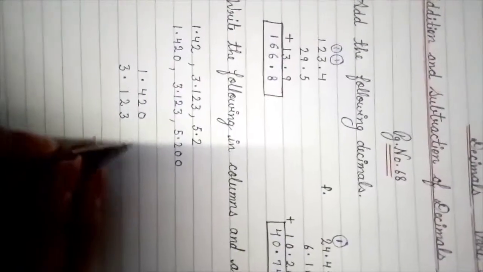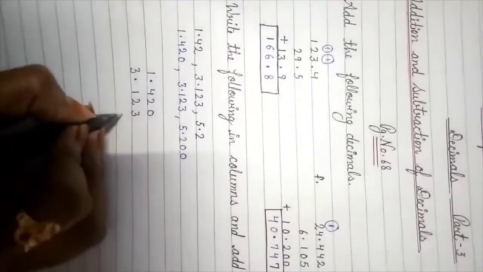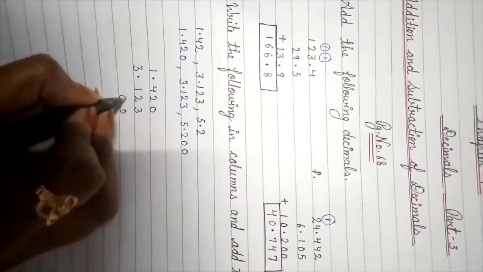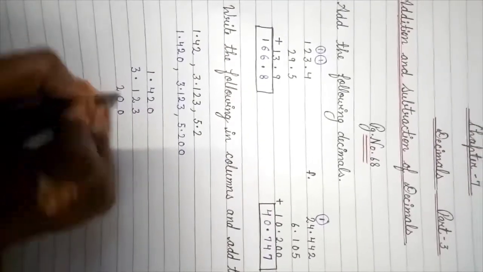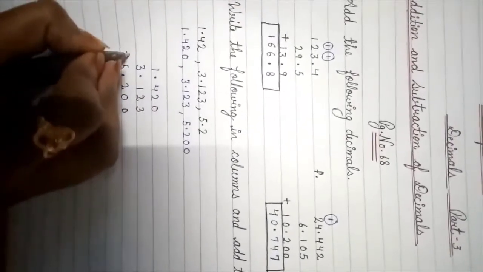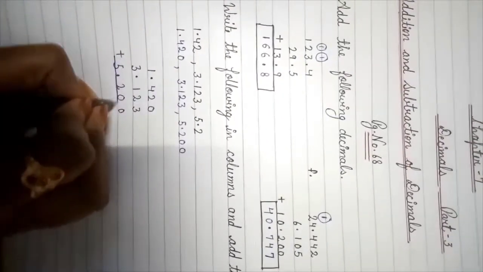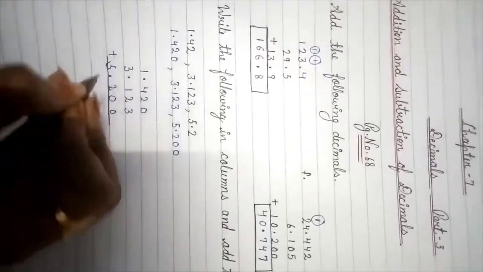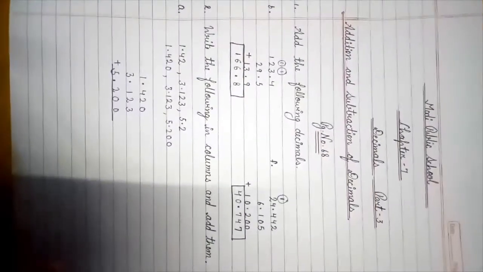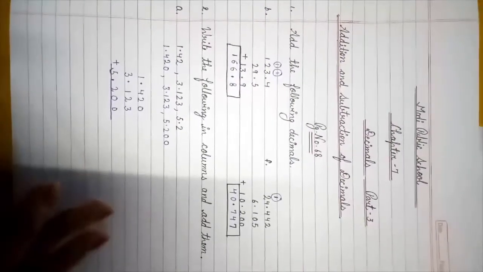Now we will write the next one: 0, then 0, 2.5. So we have arranged all the numbers. By converting them into like decimals, it will become easier for you. If you directly arrange, then you may commit a mistake. हमें ये ध्यान रखना है, decimal point के नीचे decimal point ही arrange होना चाहिए.